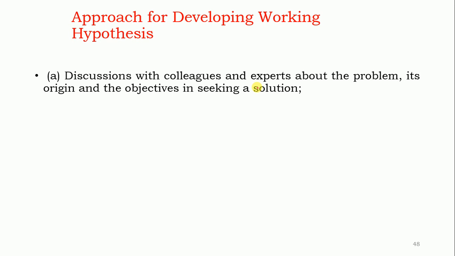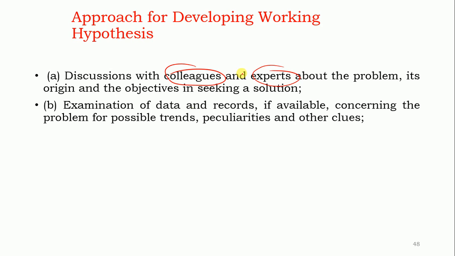Okay, so the approach for developing a working hypothesis, how you move toward the hypothesis, we have written here. Discussion with colleagues and experts about the problem, its origin and objective in seeking it. Here discussing with colleagues and experts plays a very, very important role, because they will have some expertise in that particular area, and the expert may guide you whether that hypothesis is correct or not.